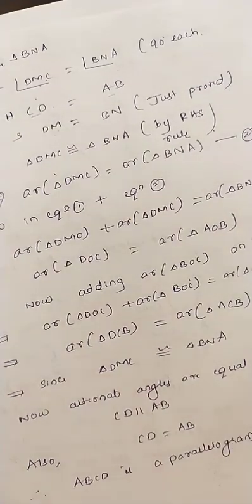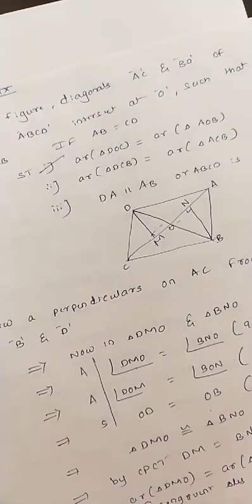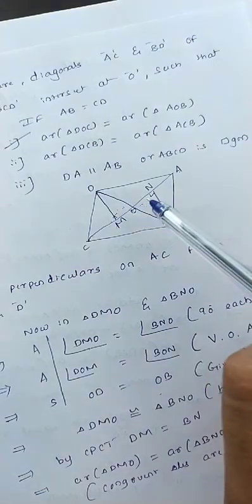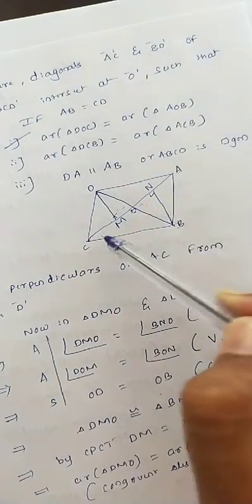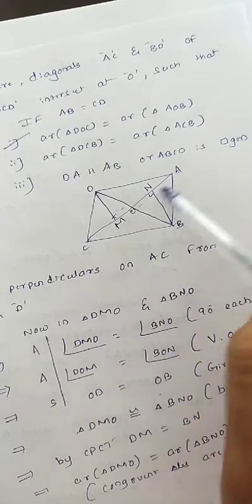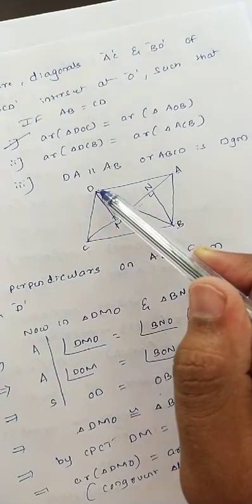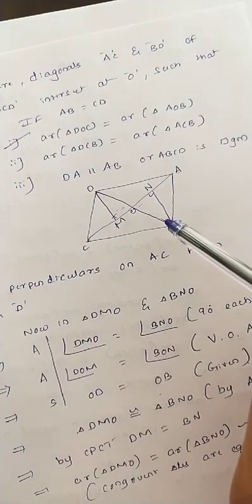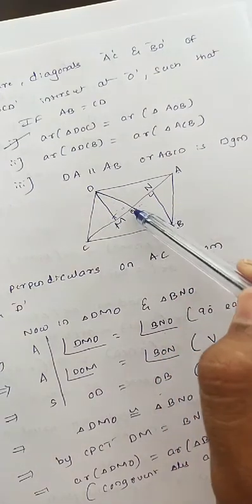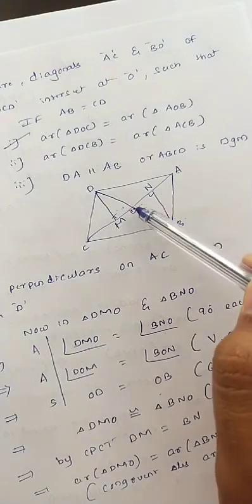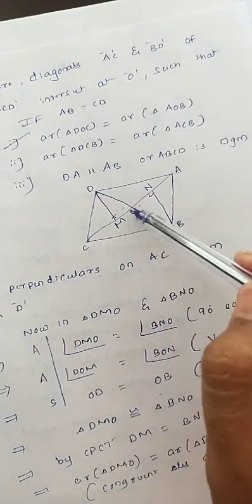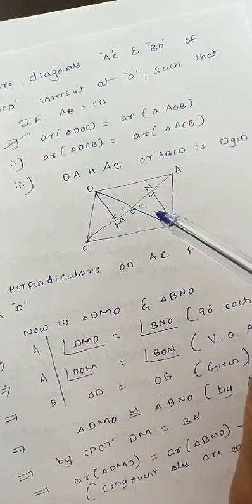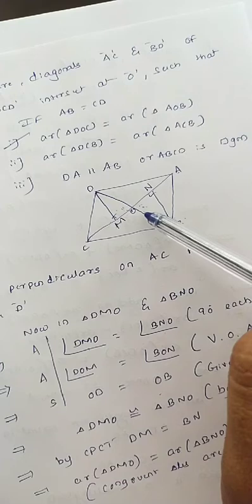Okay. So see here, once again I am going to explain this. First thing, we have to consider the quadrilateral ABCD, and from the AC diagonal we have to draw the two perpendiculars, that is DM and BN. Angle DMO is equal to angle BNO because both are 90 degrees each. Angle DOM is equal to angle BON, both are vertically opposite angles, and OD is equal to OB.